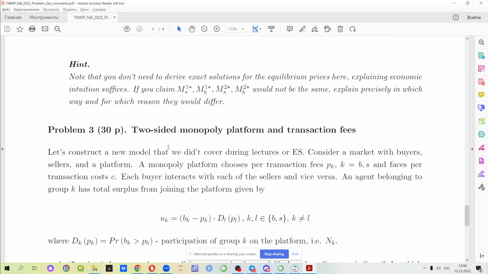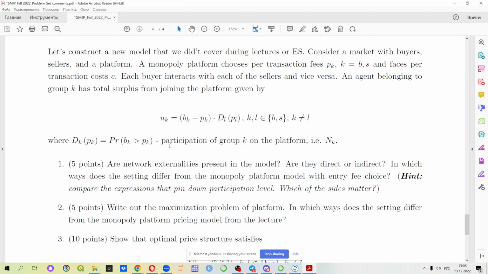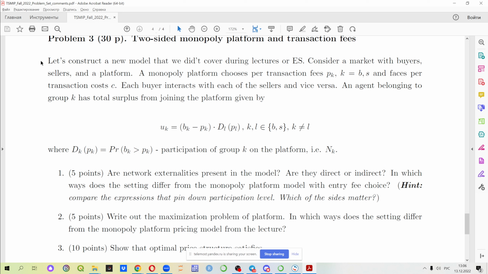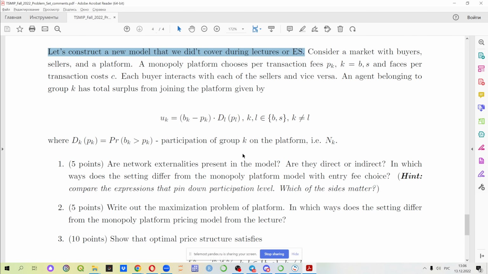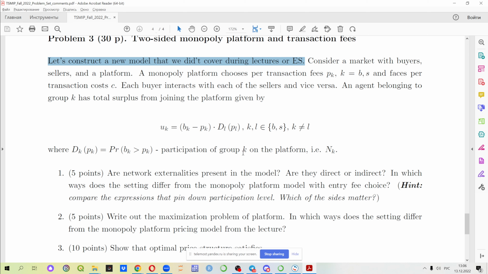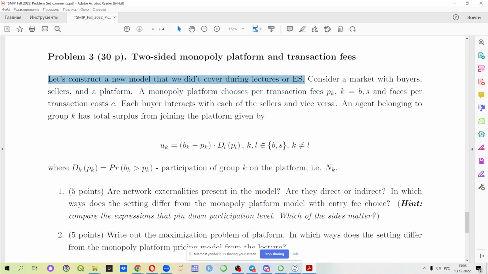About the third problem, I'm a little bit frightened by this phrase. Maybe you can tell me what lecture or what exercise session to look for.